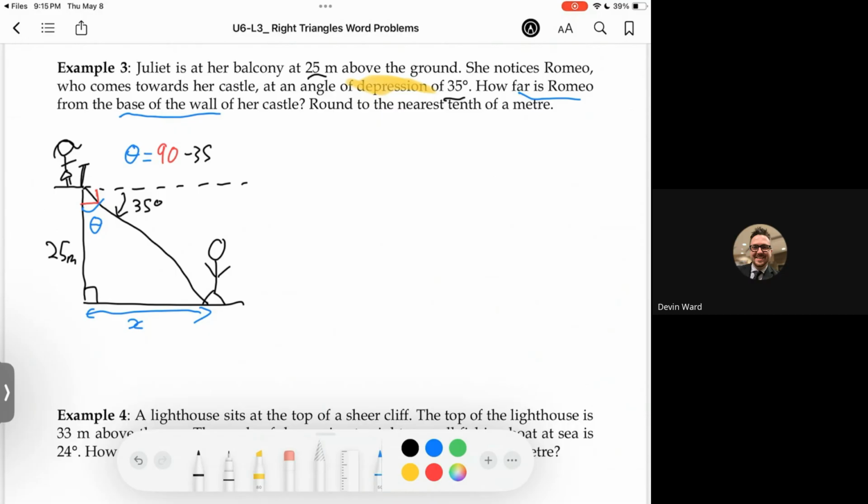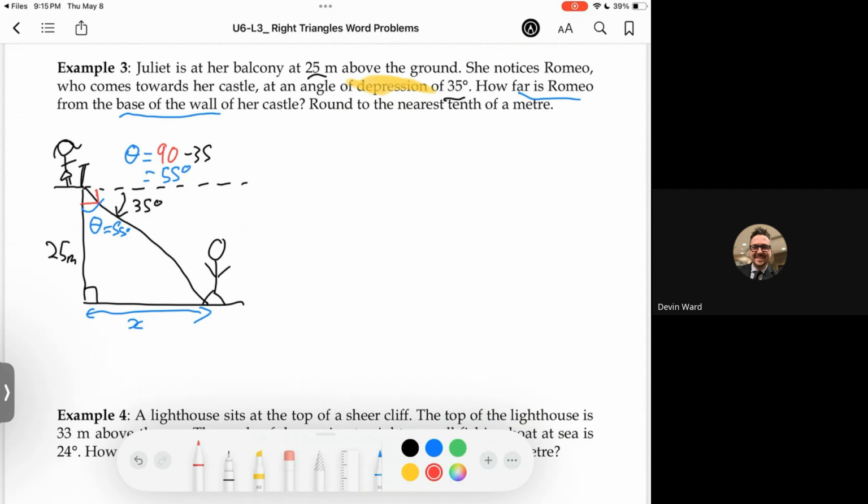So theta would be 90 minus 35, which is going to be 55 degrees. Okay, so theta equals 55 degrees. You don't have to write it out. It's always going to be 90 here from the horizontal to a straight wall going straight up. So if you write 35 here and then 55 in here, that's all I need to know. But then we need to use the 55 because that's the one actually in the triangle.